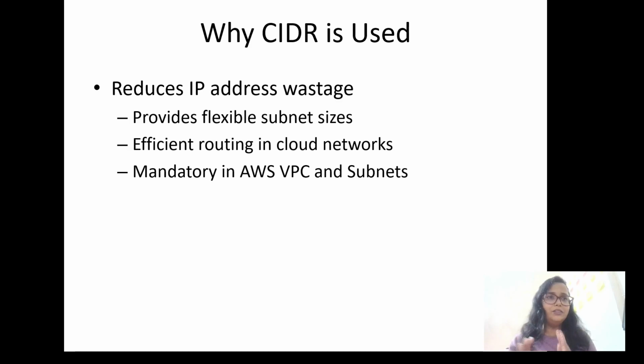So if you need 10 IP addresses, you can reserve up to 15, and within that I can use them, so it will not be wasted. It provides flexible subnet sizes and efficient routing in cloud networks, and it is mandatory in AWS VPC and subnets.